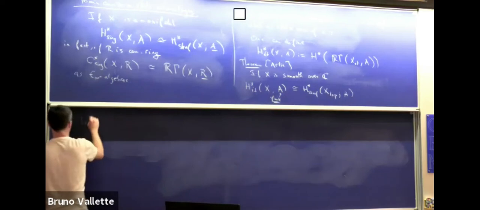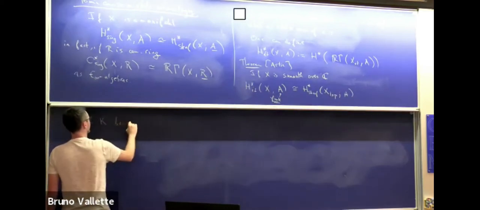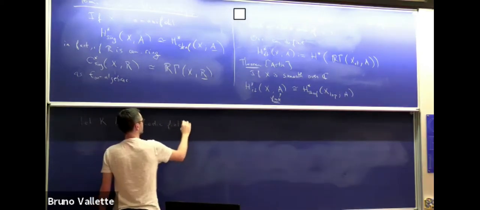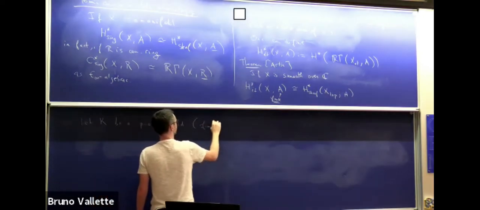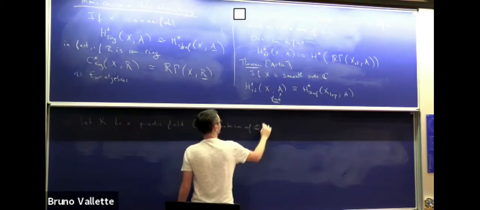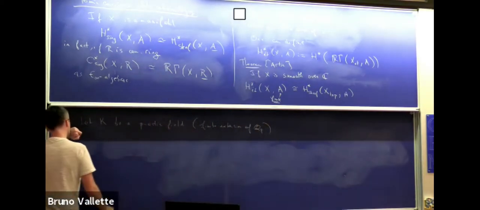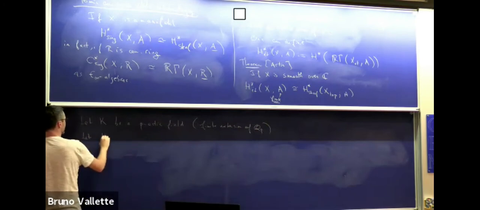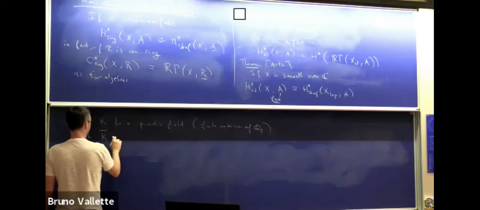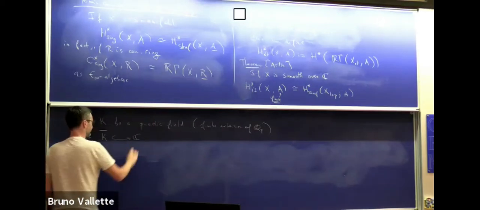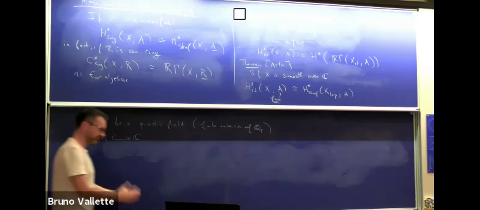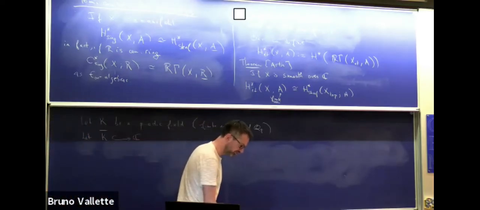So let K be a p-adic field, some finite extension of Q_p. So I can take the algebraic closure of K, and you can always embed this into the complex numbers. It requires the axiom of choice, but there exist such embeddings.